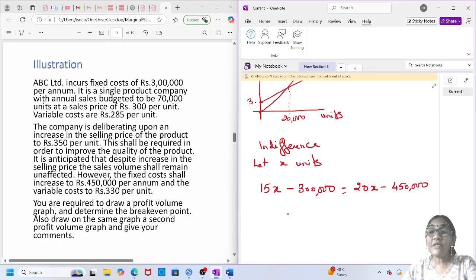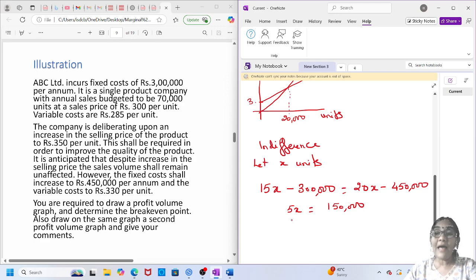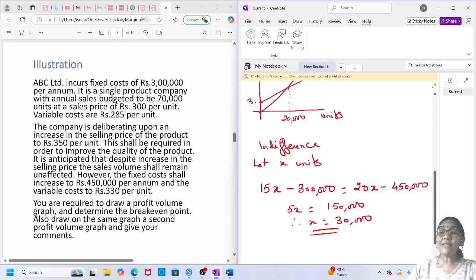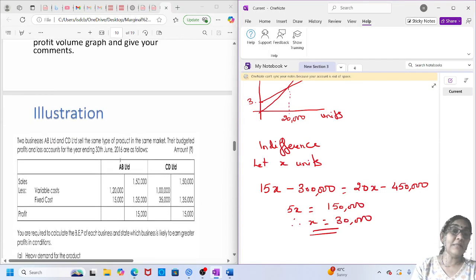So when you solve this, you will get 5X is equal to 1,50,000 and therefore X would be equal to 30,000. So this is known as point of indifference. That is, when you sell 30,000 units, the profits under both the scenarios would be the same. Right? So this is what is expected here, or you should be able to explain this.